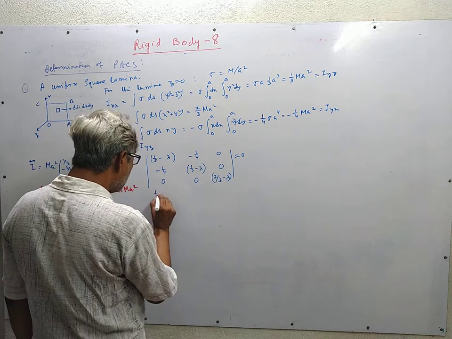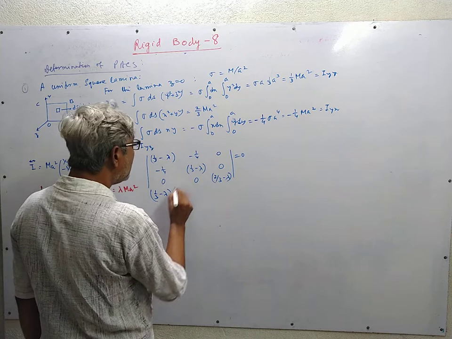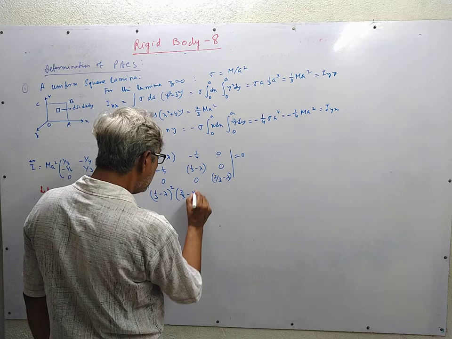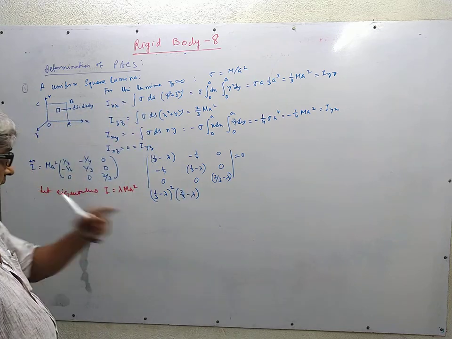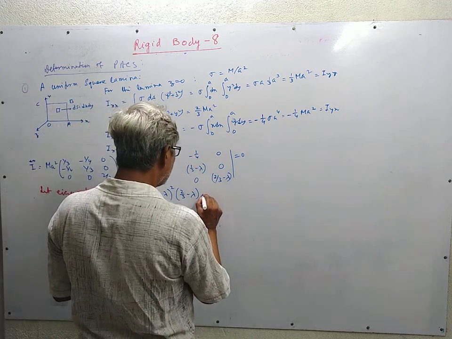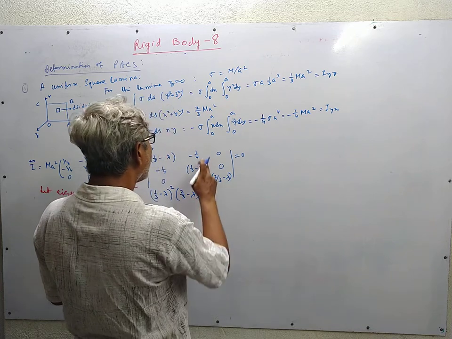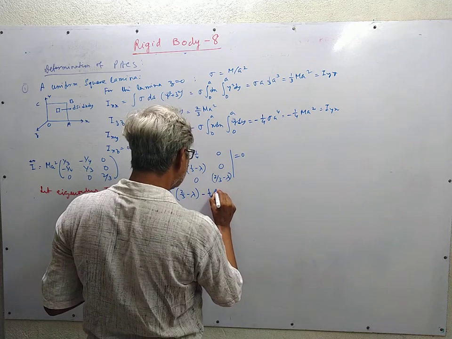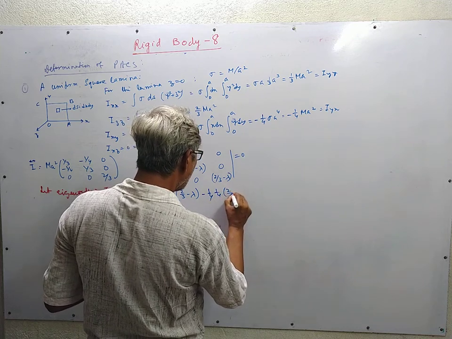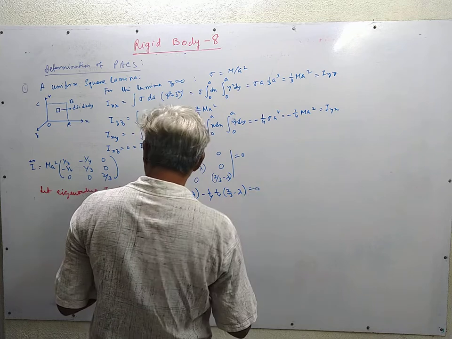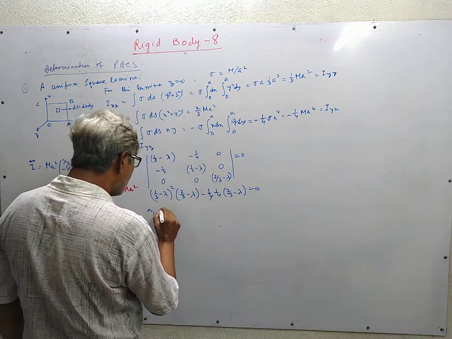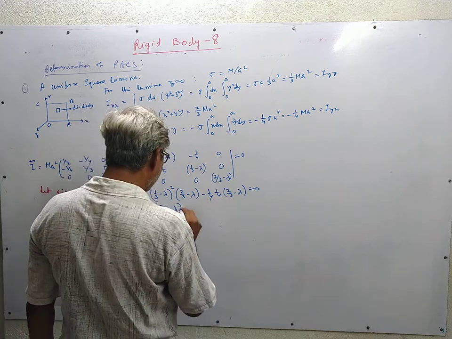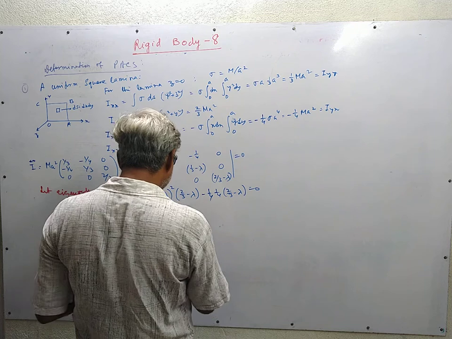If we expand this determinant, we have 2 by 3 minus lambda taken common, and then the bracket is 1 by 3 minus lambda whole square minus 1 by 4 whole square.